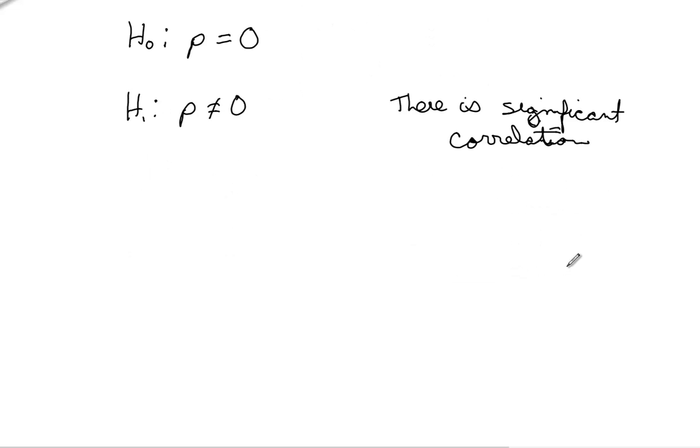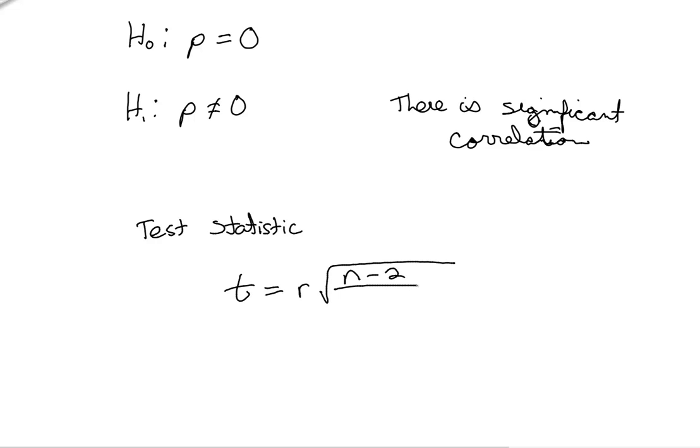The test statistic that we are going to use is t is equal to r times the square root of n minus 2 divided by 1 minus r squared. So you're going to do the r squared and then take 1 minus that. Remember, with t values, we have to look at degrees of freedom.